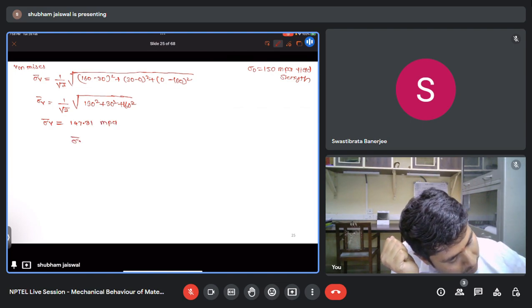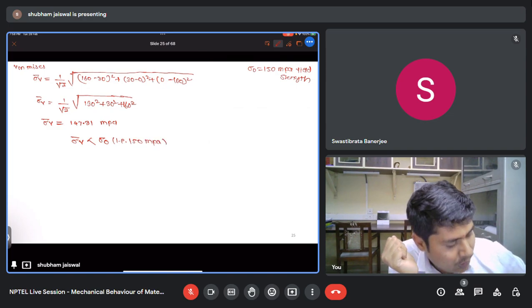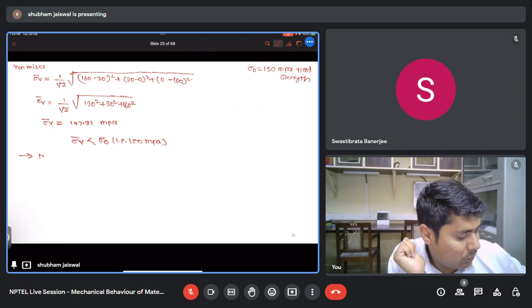So sigma bar V is less than sigma naught, that is 150 MPa. So whether yielding will happen or not? So no yielding.